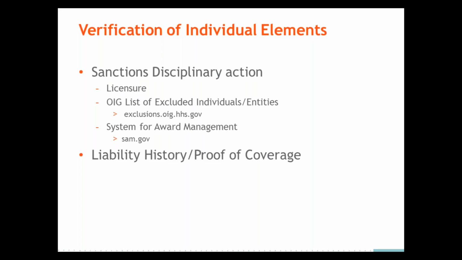So it may be somebody who was working for some aerospace industry and was excluded because of some problems with contracting, and they're not able to have a government contract, so they may be listed there as well. So look and make sure that they're not in the OIG list or in the System for Award Management. These are both free resources that are available to review.